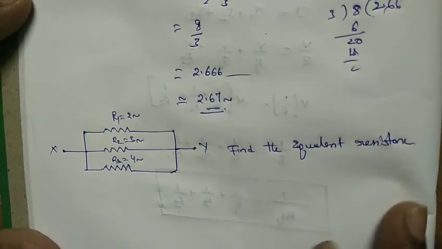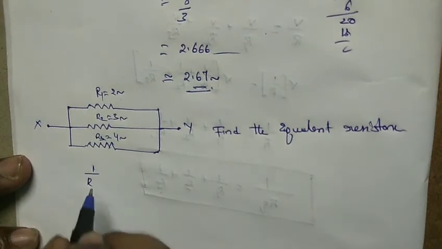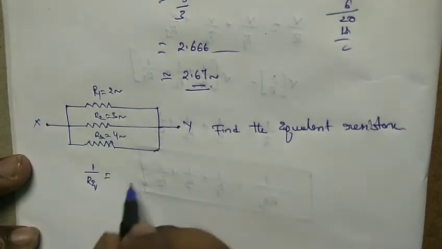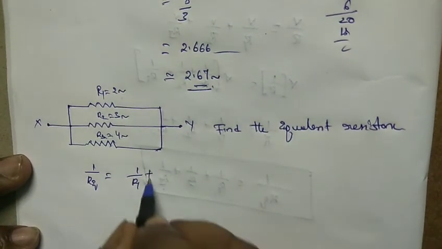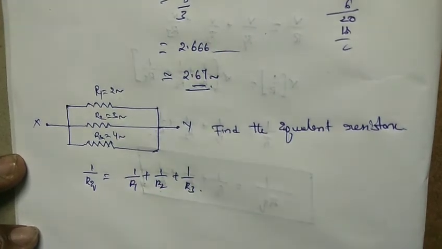So find the equivalent resistance. Same formula: 1 by R equivalent equals 1 by R1 plus 1 by R2 plus 1 by R3.